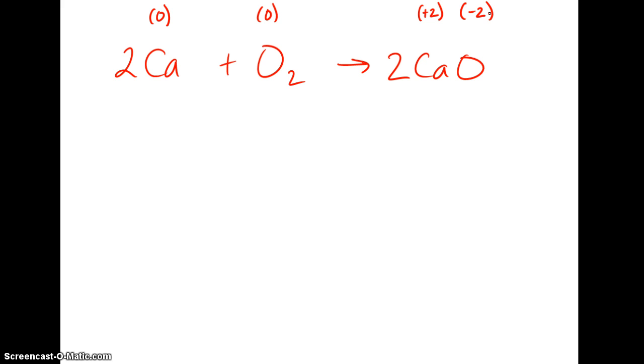So the thing that I like to remember for oxidation reduction reactions is we need to figure out which one is being oxidized and which one is being reduced. And the way that I remember it is by OIL RIG. Okay, so OIL stands for oxidation is losing electrons.